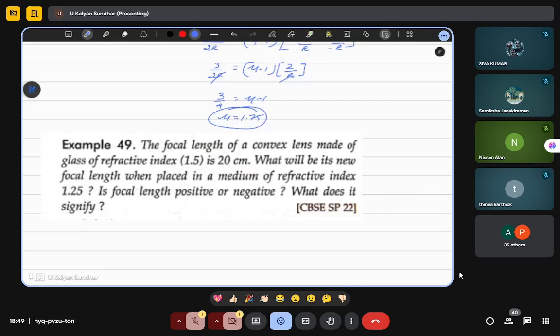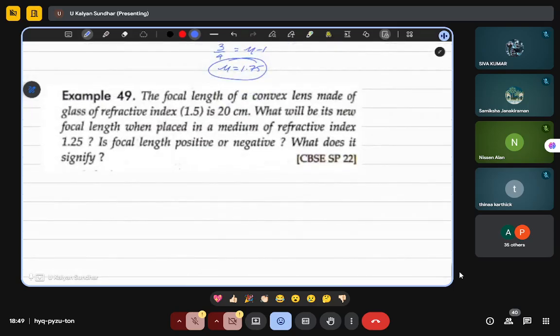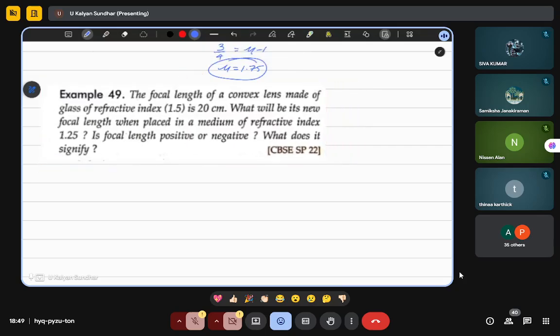What does it signify? Initially the glass lens is in air. If it is placed in some other medium with refractive index 1.25, what will be your new focal length? Will it be positive or negative? What does positive signify, what does negative signify?